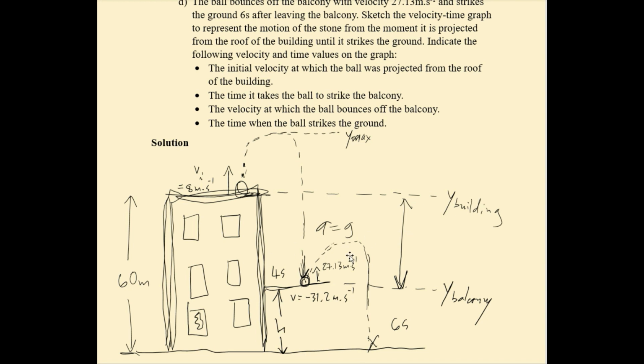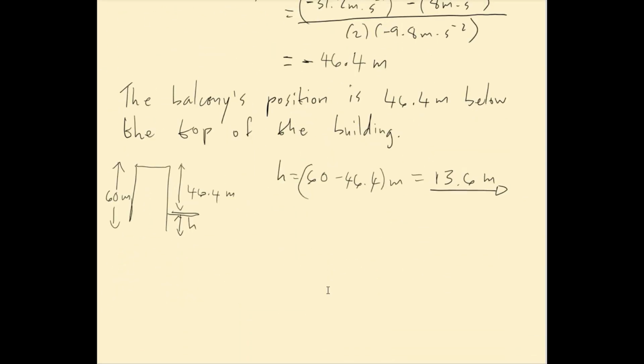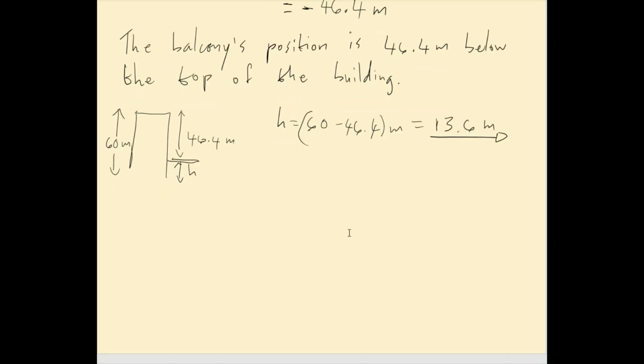Okay, we want the velocity time graph, so I think we're going to have to make another page here. Or maybe not. Okay, let's see. D. So this velocity time graph is going to have positives and negatives.